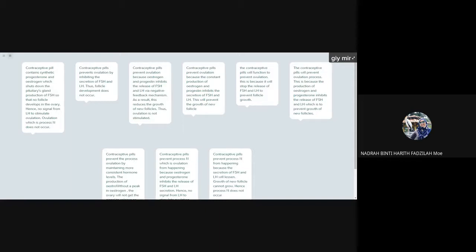Okay anak-anak, perhaps, kejap, saya rasa ada lagi satu soalan kat sini. Oh yes. Okay. So for the next part, kita ada lagi satu soalan, lepas tu kita akan pergi ke nota yang kedua ya.